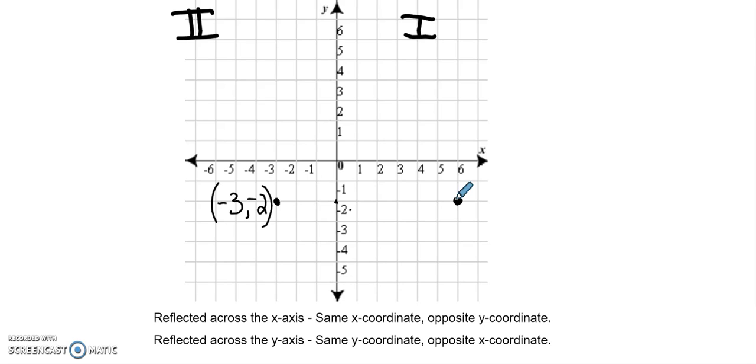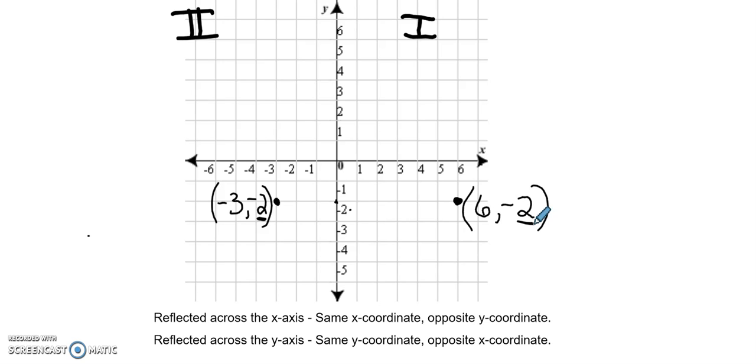And this point is at 6, -2. I know that these points are in line with each other because they have the same y-coordinate. That means that they are horizontal from each other. If I connect the 2 points, that line would be parallel to the x-axis and perpendicular to the y-axis.